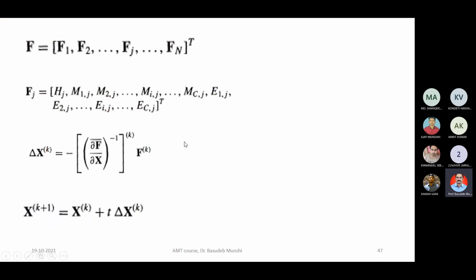Whatever I have discussed, that discussion was limited to a single variable problem. Now, if instead of x as a single variable, we consider x as x1, x2, x3 like that, then we can write them as a vector. So here in place of single variable x, we have written vector x.